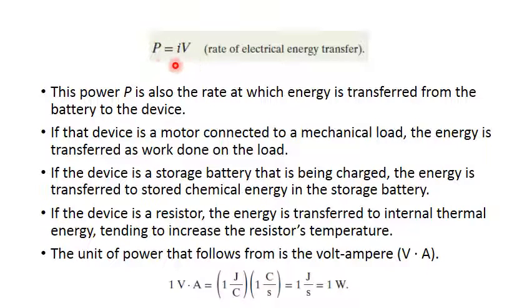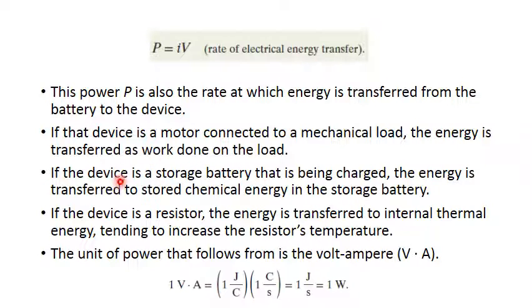Starting from this, we can say that this power is also the rate at which the energy is transferred from battery to the device. If the device is a motor, it will convert this electrical energy to mechanical energy. So if the device is a motor connected to mechanical load, this energy is transferred as work done on this load.